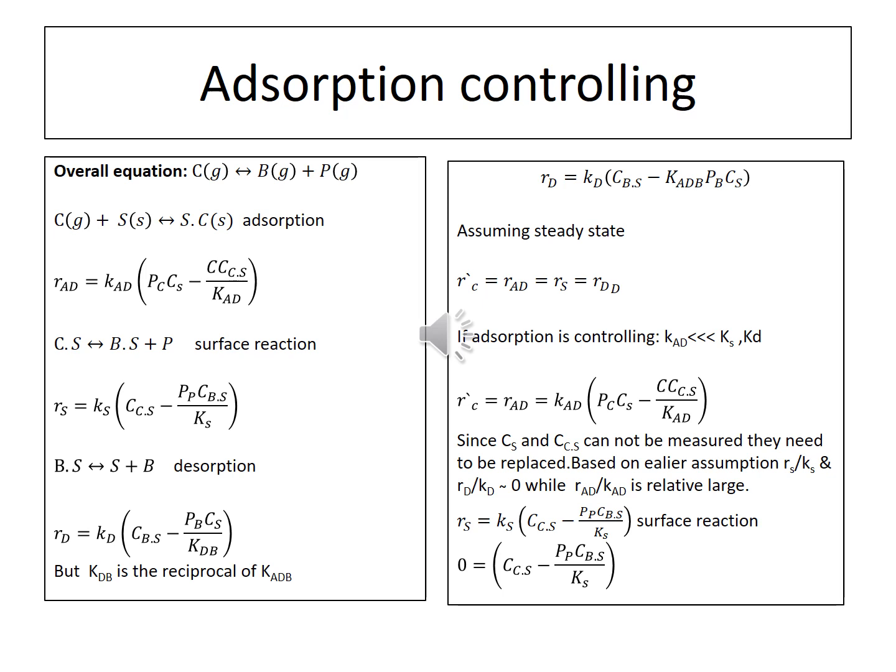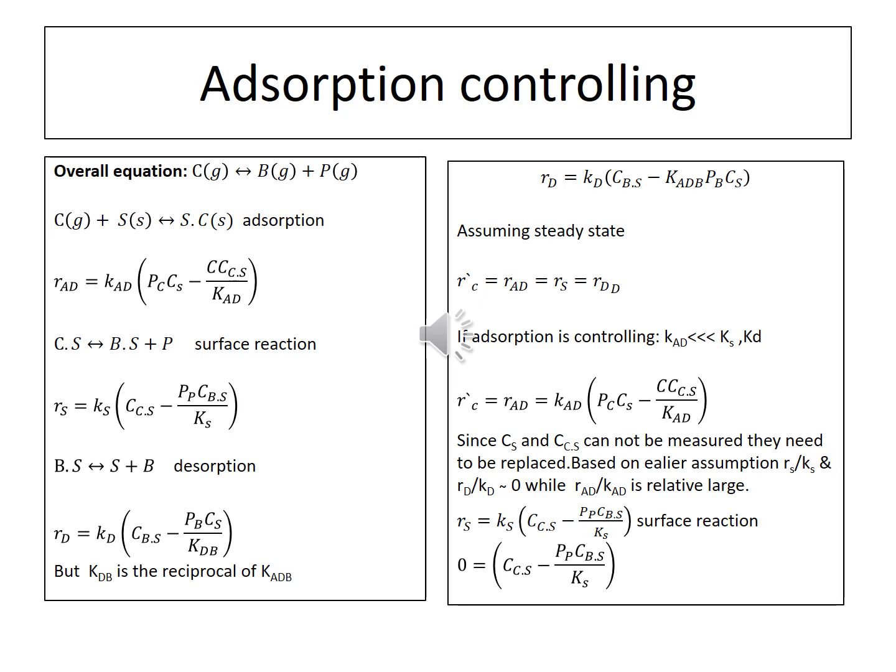And since adsorption is controlling, its rate constant for adsorption is very small compared to the rate constants for surface reaction and desorption. So we can equate the overall rate of reaction to the rate of adsorption, since that's the one that's controlling.